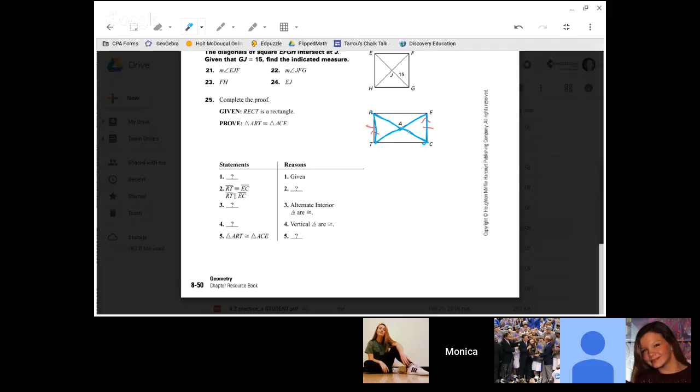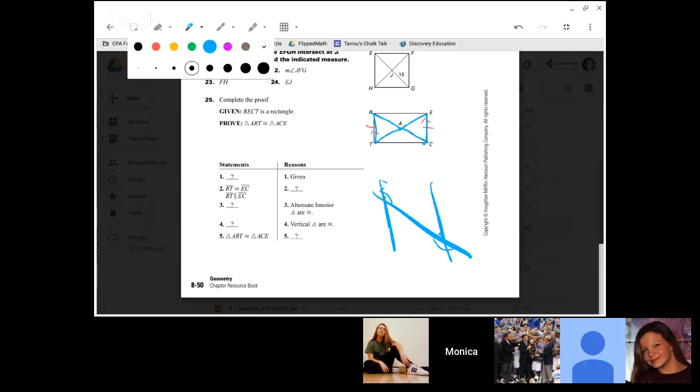Okay, so if you have 2 parallel lines cut by a transversal, right? Your alternate interior angles are going to be this angle and this angle, or this angle and this angle.